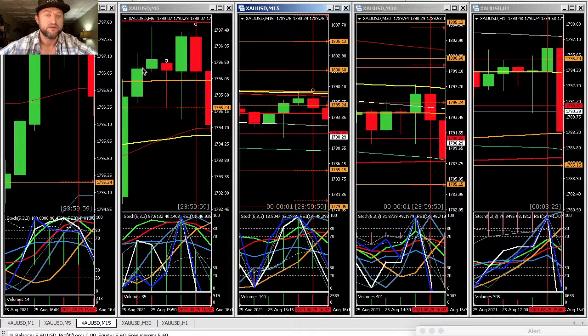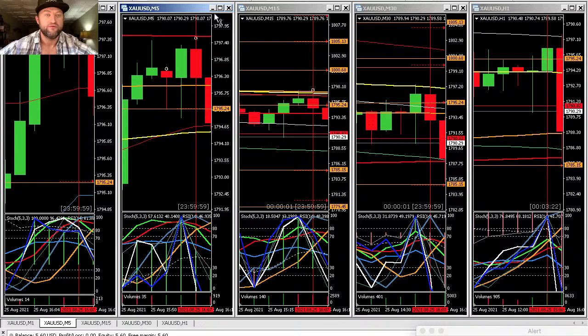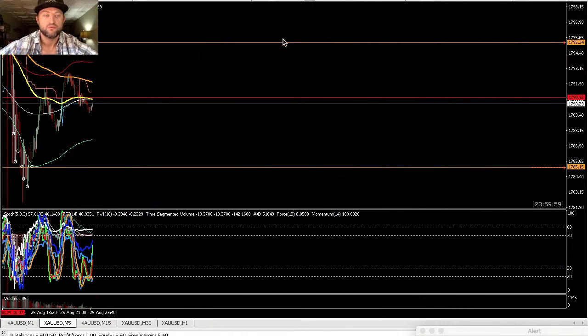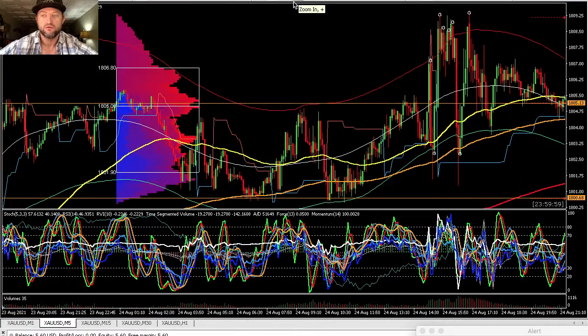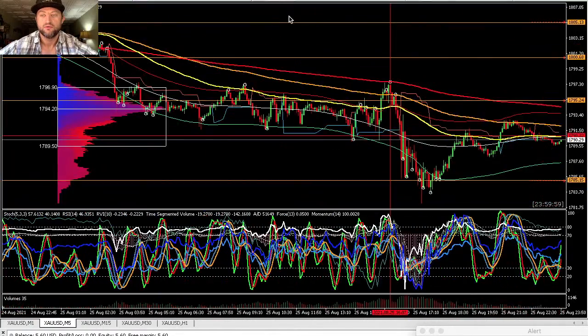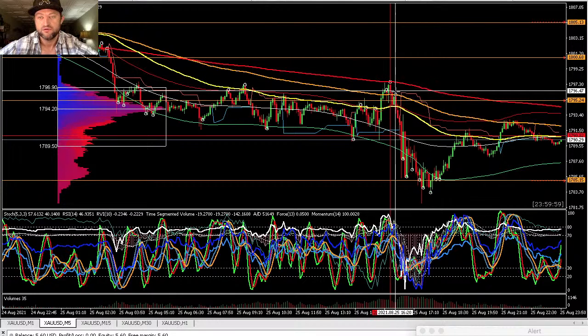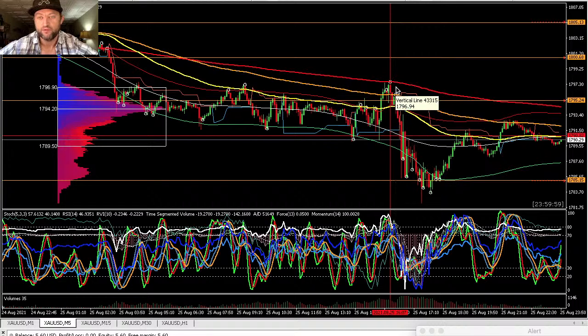The good thing about getting in way up here, obviously, is you've got a small risk to reward. Look, if you get in right here, and this is the 1,000 pip move right here, so if you get in up here and everything's looking good, you put your stop loss right here.